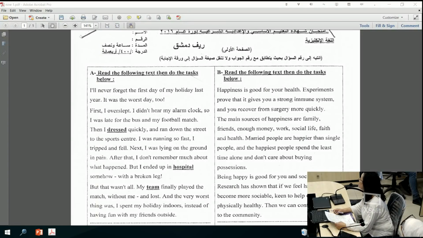After that, I don't remember much about what happened, but I ended up in hospital somehow with a broken leg. But that wasn't all. My team finally played the match without me and lost. And the very worst thing was I spent my holiday indoors instead of having fun with my friends outside.